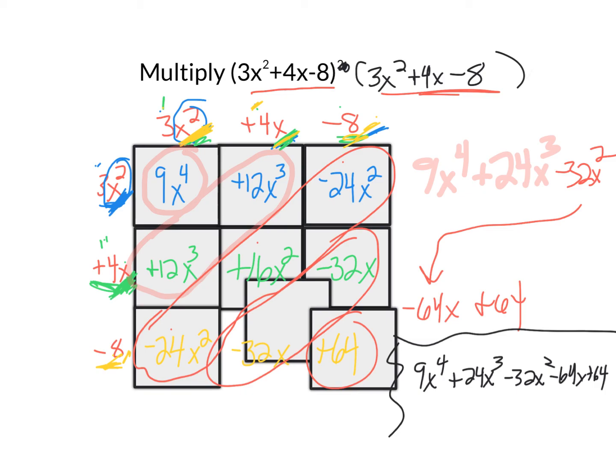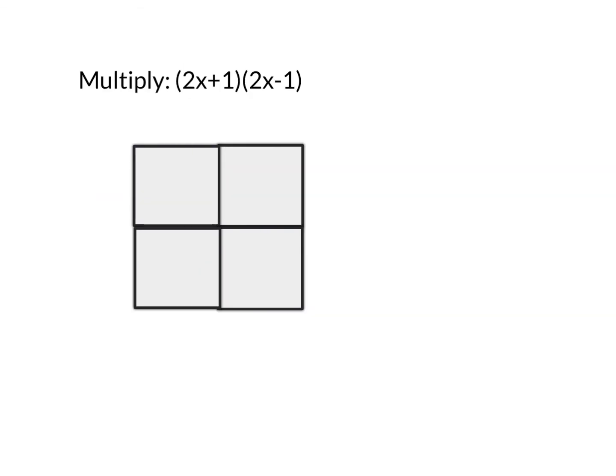All right, let's go on to the next one. Quickly now, these are one of the easier ones, so you'll like this. 2x plus 1 times 2x minus 1. So we're going to have our 2x plus 1, 2x minus 1. Okay, so here we go.